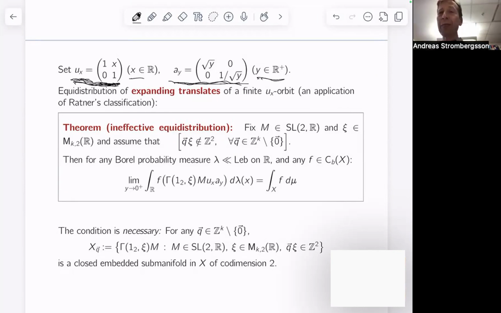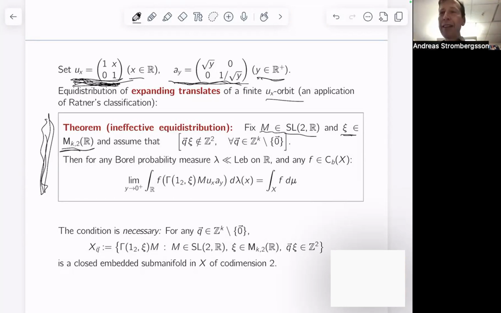And the first result that I'm going to state gives equidistribution of expanding translates of a finite U orbit. And this ineffective result stated here is one very special case of Ratner's equidistribution result. Or, well, it follows from Ratner's classification of ergodic measures invariant under this unipotent flow. So fix any matrix M in SL2R, and then fix any real K by 2 matrix psi.